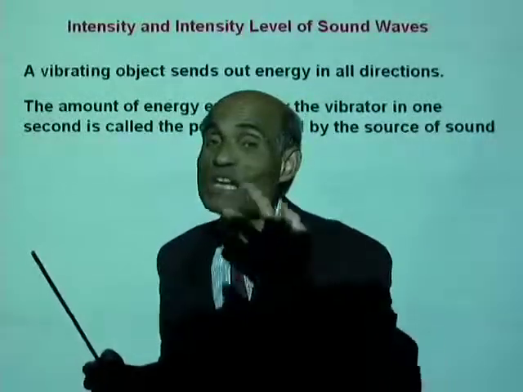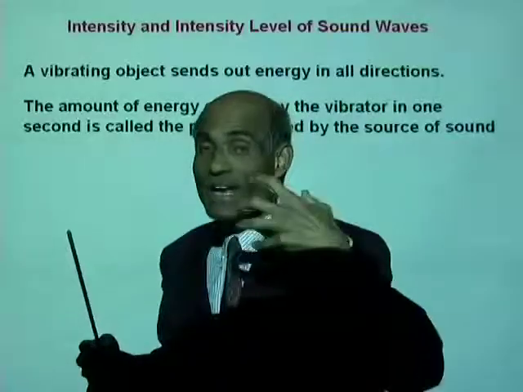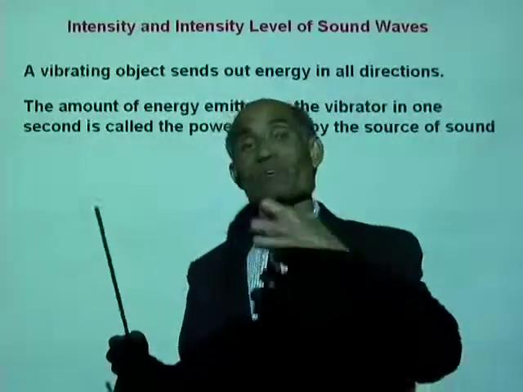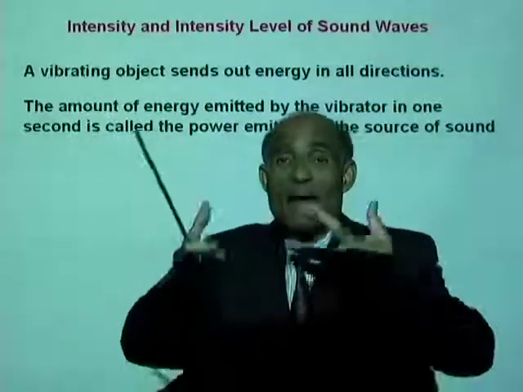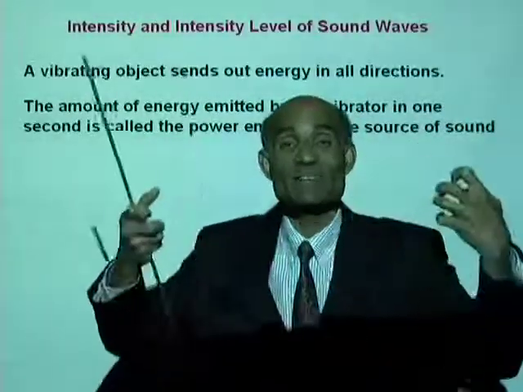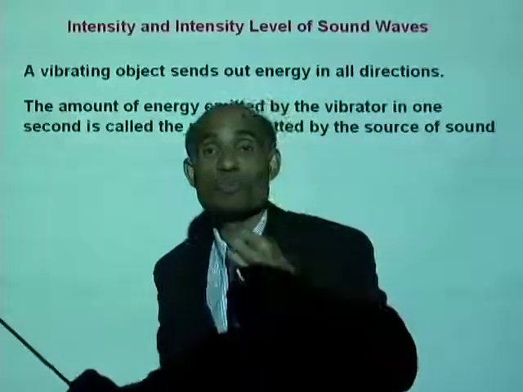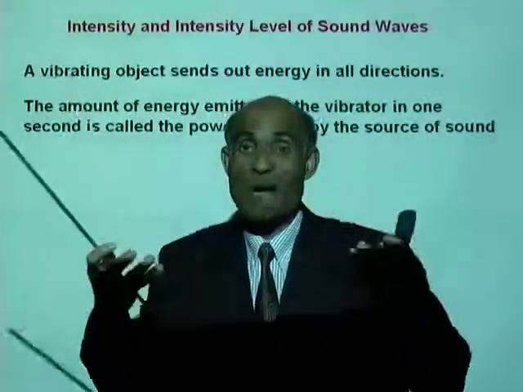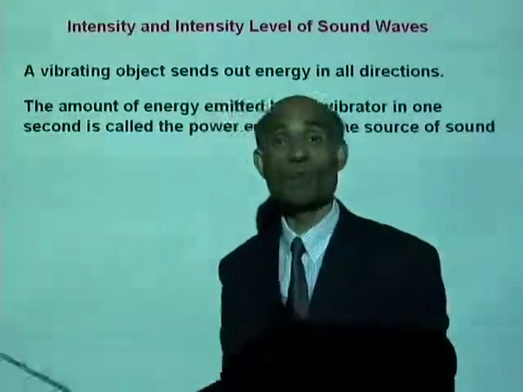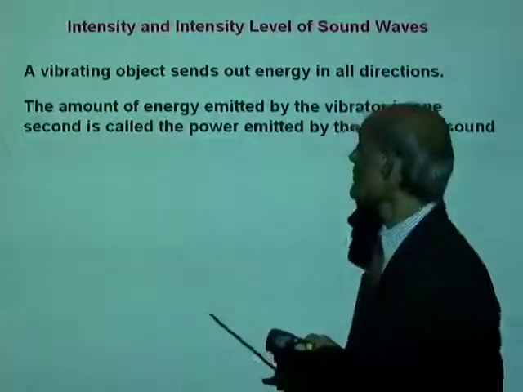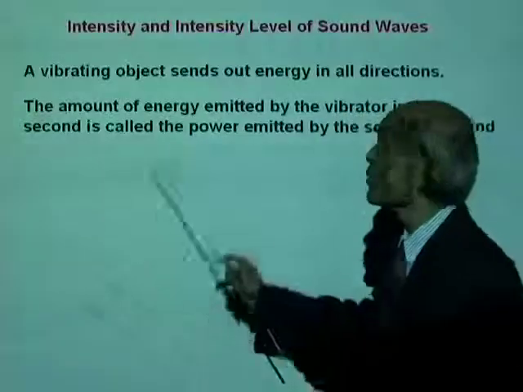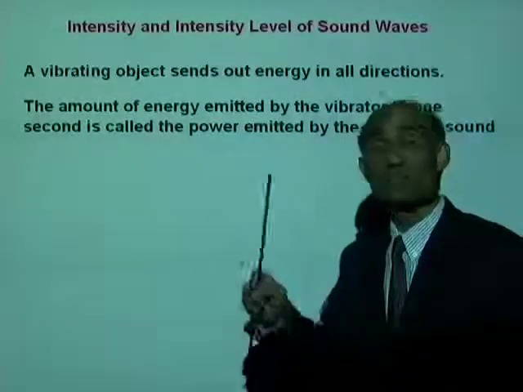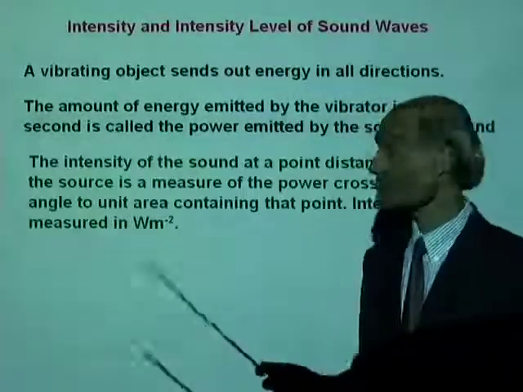A watt is joules per second, energy given out per second. In other words, the energy given out by that loudspeaker every second is 300 joules. That loudspeaker has a power of 300 watts. So the amount of energy emitted by the vibrator in 1 second is called the power emitted by that vibrator.